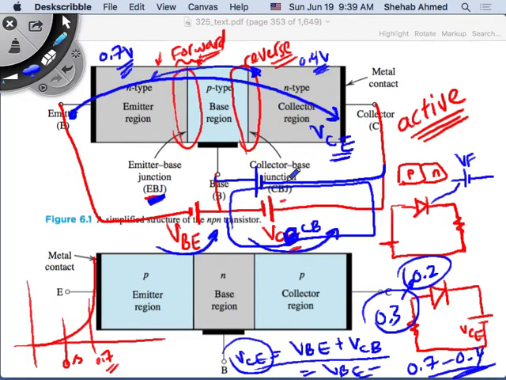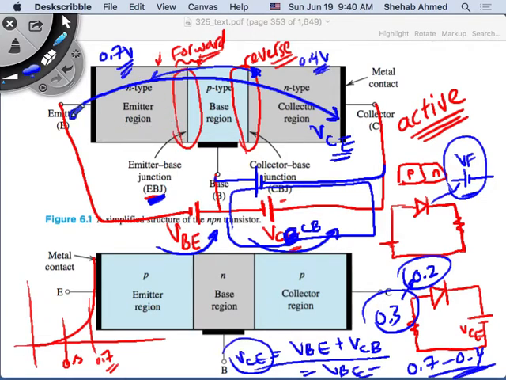If I forward bias the collector base junction, I have my forward voltage model for the diode. VF for the collector base junction will be about 0.4 to 0.5, and VF for the emitter base junction, which is forward biased to operate in active mode, is about 0.7.